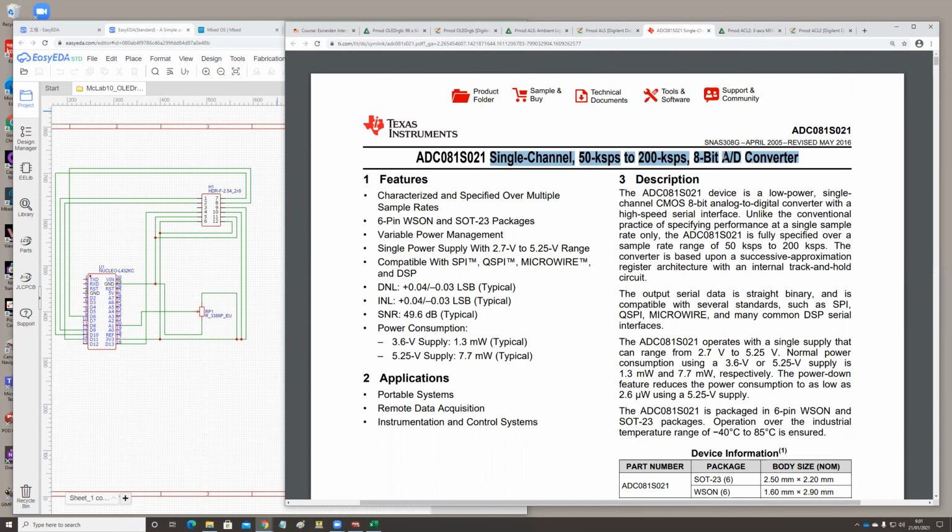Analog to digital converter means that it is taking the voltage. Somehow the ambient light sensor is creating a voltage, and then it is converted to a digital number.